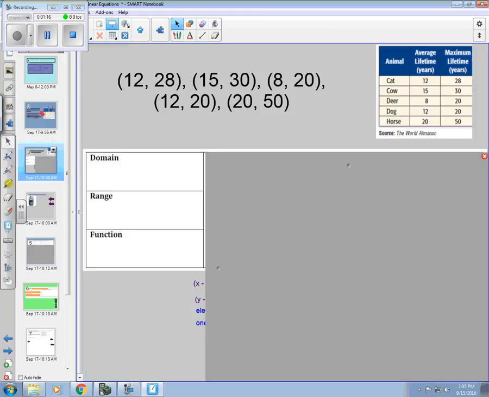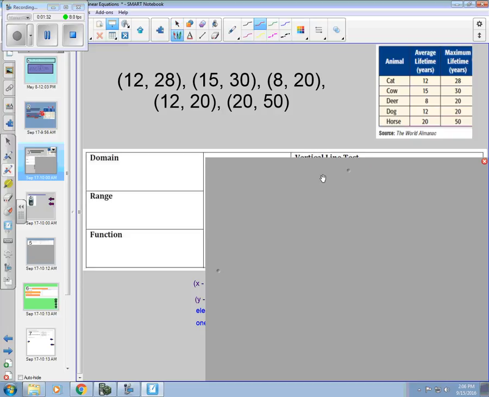Okay, so if we take these 5 ordered pairs now from the table, we can identify different things. One being the domain. We identify the domain as the set of all first coordinates. And we know that the first coordinates are really your x's.